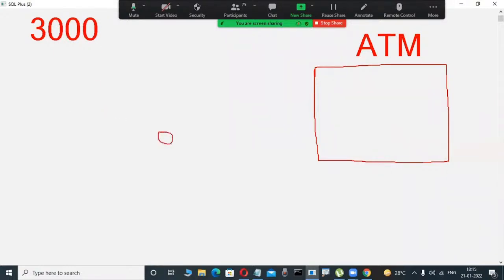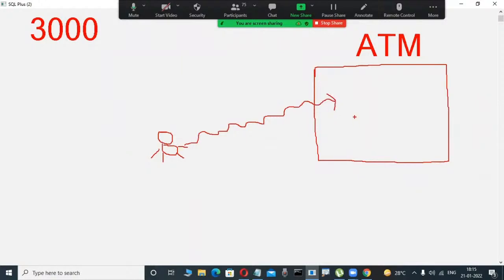Suppose I'm going to the bank. Slowly observe it here. This small scenario is easily understandable, even by a non-technical person. I'm going to some ATM center, for example. I decided to withdraw money.